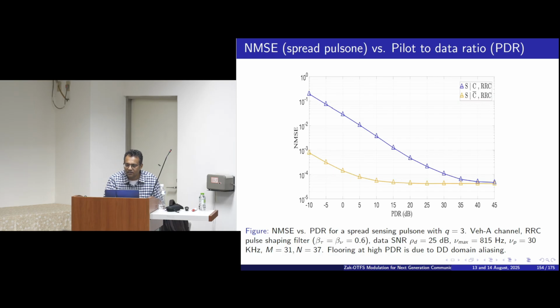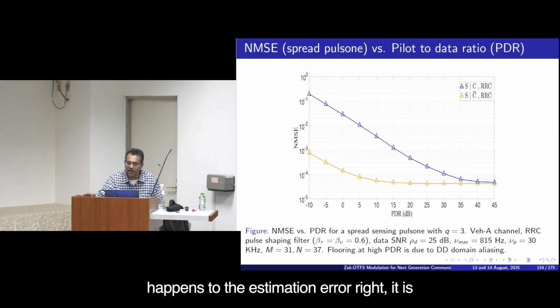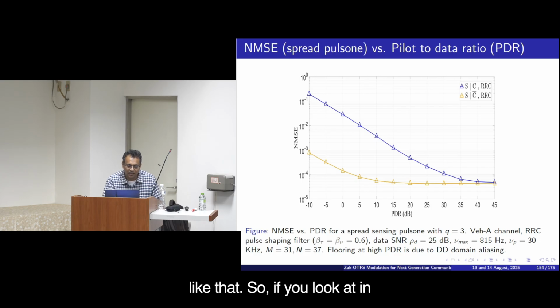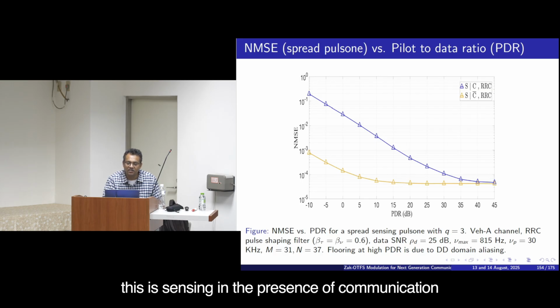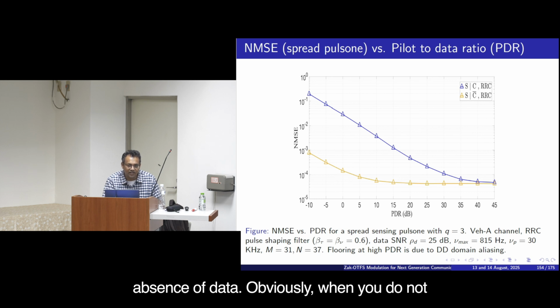As you increase the pilot power, what happens to the estimation error, right, it is like that. So, if you look at, in the presence of data, so C means sensing in the presence of communication data, and this is sensing in the absence of data.